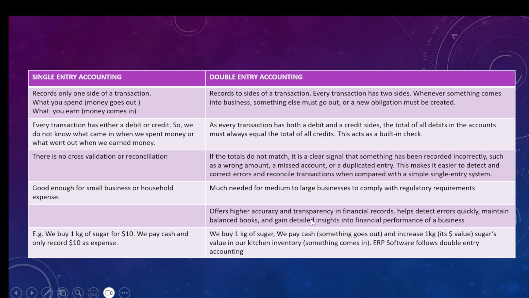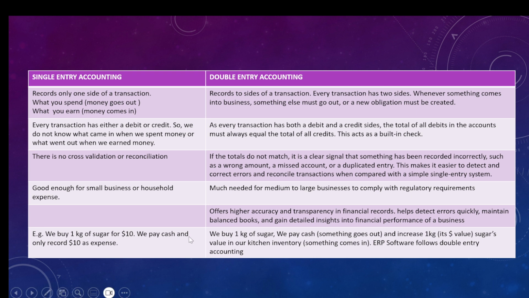Double entry provides higher accuracy and transparency in financial records. It also helps in detecting errors quickly, it helps in maintaining a balanced book, and it gives us a detailed picture of the financial performance of a company.